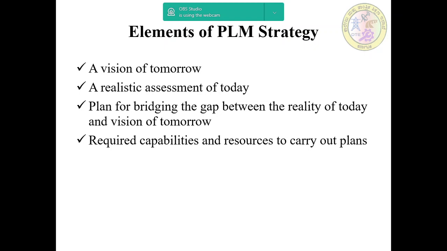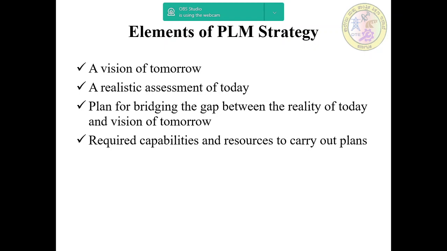Being unrealistic and delusional about our current situation and capabilities may give a faulty starting point towards the company's vision of tomorrow. The strategy is to develop and maintain all the necessary information about the people, product, customers, competitors, market, and government initiatives in order to make informed decisions for the changing environment.